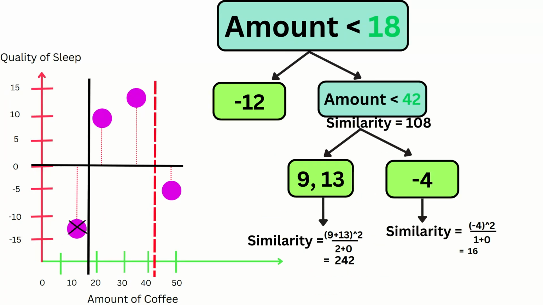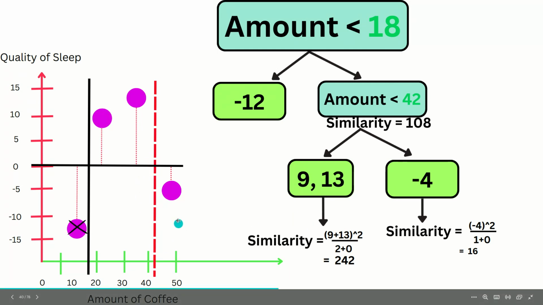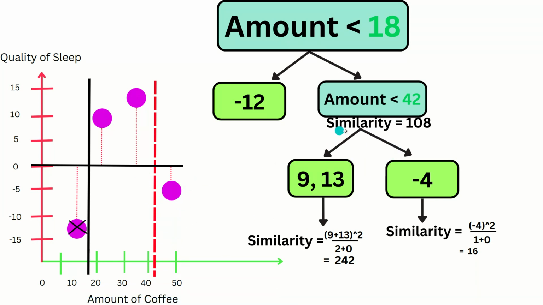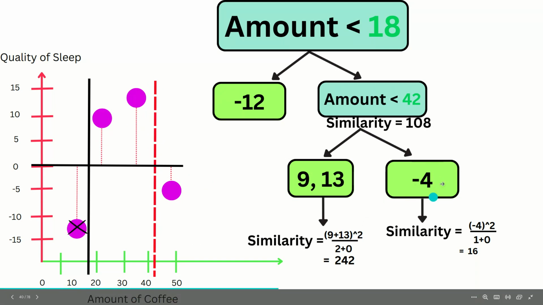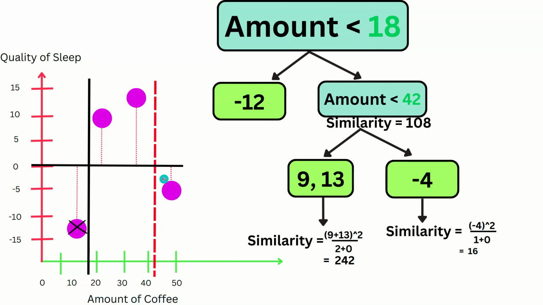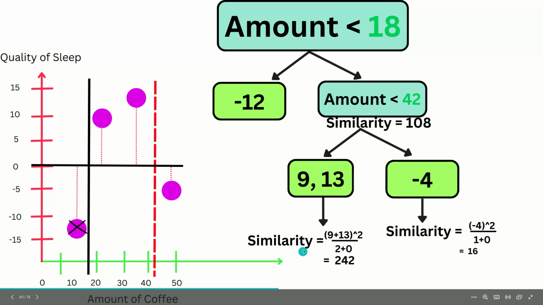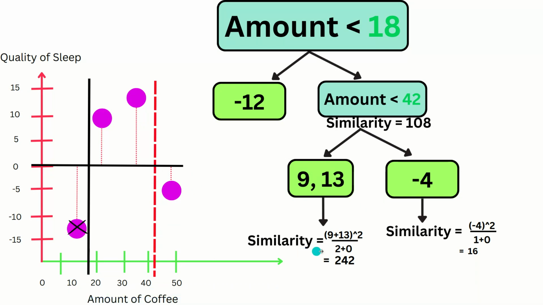Now we are shifting the threshold level to 42 and splitting branch 2 again. Now we have residuals 9 and 13 on the left side of the threshold level and -4 on the right side. So we calculate the similarity score for both left and right.